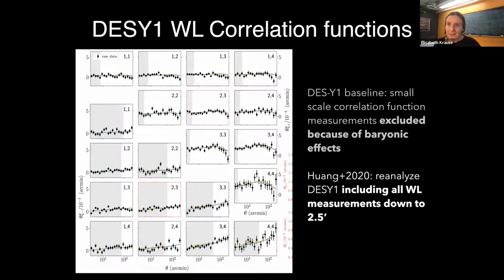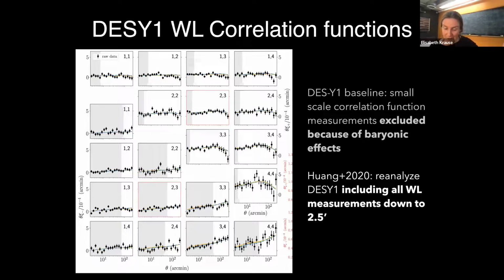So what we've done to hope that our analyses are robust to baryons is that we take the full matter power spectrum, including baryons, from hydro simulations. In this case, Cosmo-OWLS with the highest AGN temperature, so a rather extreme baryon model.